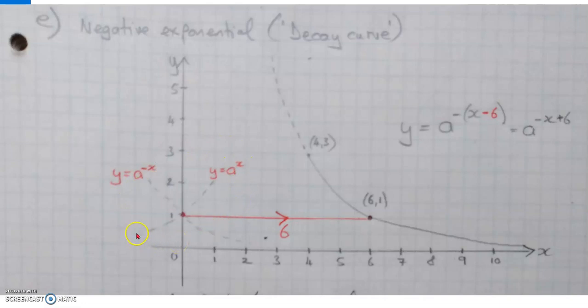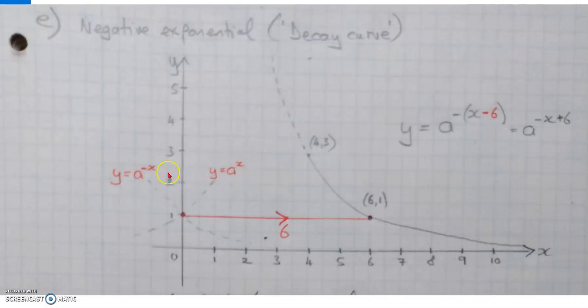Because here in this dotted curve, it goes through 0, 1, that all-important point with exponentials, and you would write it like this: y equals a, some base, to the power of x. If, on the other hand, instead of going like this, it does this, then you write it like that.